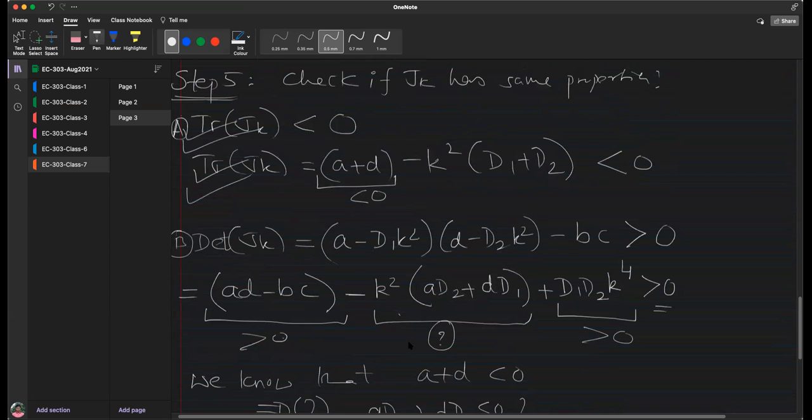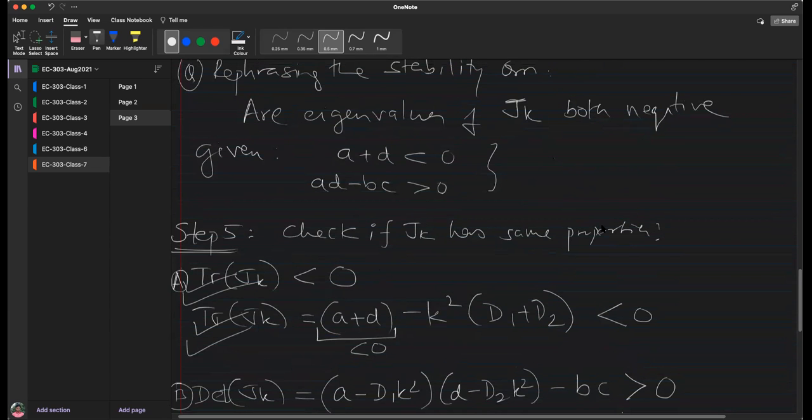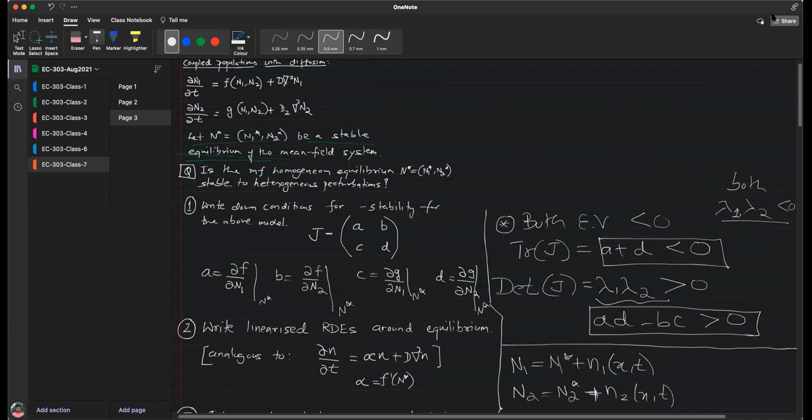What will be the two eigenvalues if you have a stable oscillation in the mean field model? For sustained oscillations, the trace should be equal to 0, right? That's for circles, sustained oscillations for both N1 and N2.